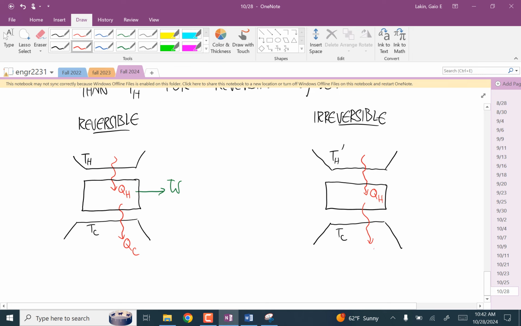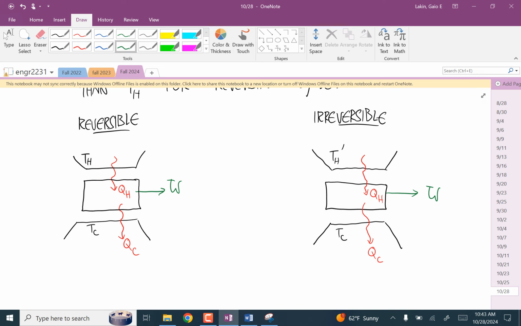We still have QC going to that same temperature cold reservoir. And we still have the same amount of work being done because this is still a cycle. And so in any cycle, you have to have those energies match up. Okay, there's not going to be any change in energy inside the system.